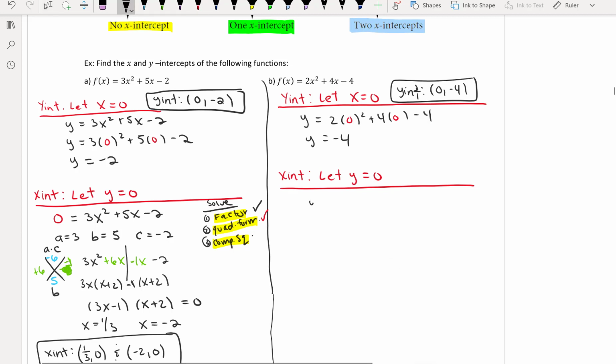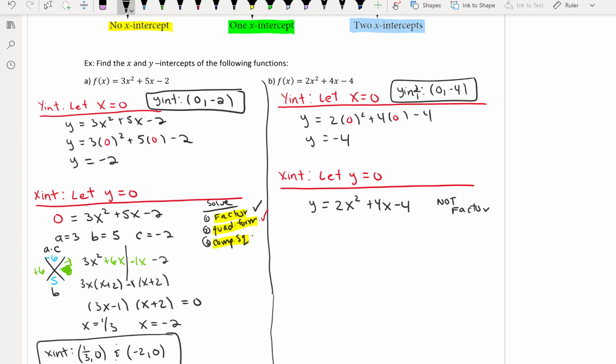So I have that y is equal to 2x squared plus 4x minus 4. And this does not factor. I know that because I've been factoring for, I don't know, the last 10 years. You can try it and you'll figure it out, but I just want to save you some time. This isn't going to factor.